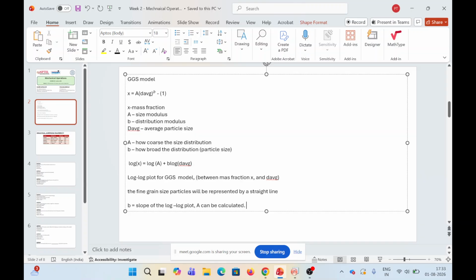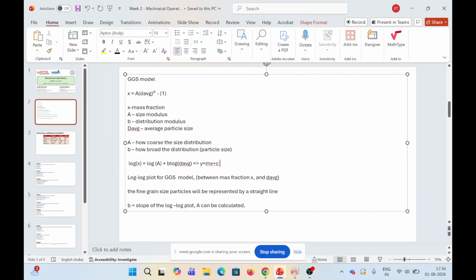So you take a log plot. On the y axis you have log x, and on the x axis you have log D average. You plot it and you will see a straight line. If you take the slope of that straight line, you will get the value of B. This equation is very similar to y equal to mx plus c.